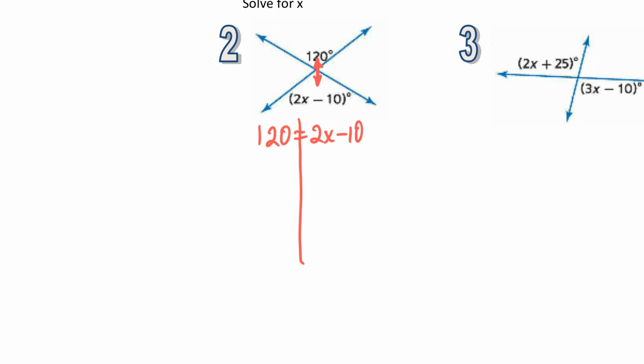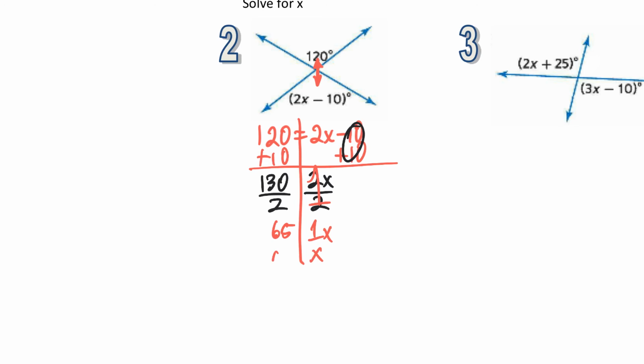You could also write 2x minus 10 equals 120. Same thing. So we're going to add 10 to both sides. This zeroes out. You get 130 equals 2x. Divide by 2. It gives you 1x, or x, equals 65.